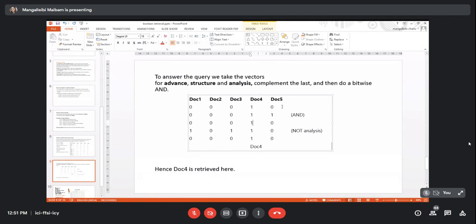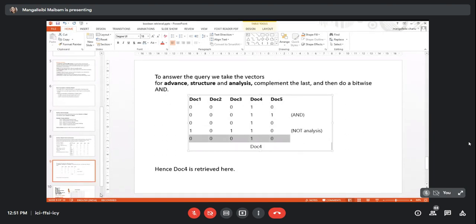The first one is for advanced, the second one is this, and you perform the AND operation. You got the result of the AND operation. And NOT analysis is this one. Again, you perform AND operation of these two. Then you got this one. So this is nothing but your document D4.